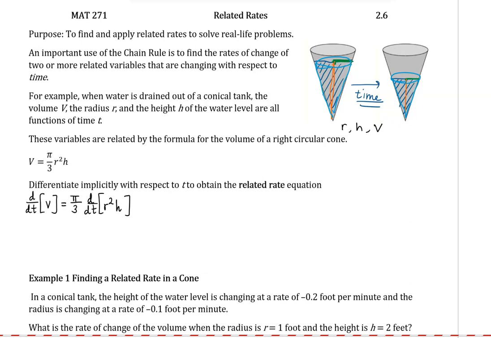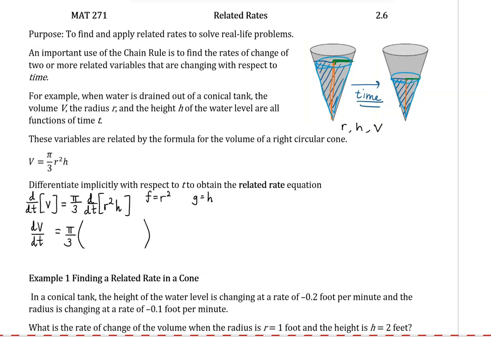d/dt of the volume is simply dV/dt, the derivative of the volume. On the right side of the equation, we will have this constant pi over 3 in front, but we will need to use the product rule to take the derivative of r squared h, because we have those two things being multiplied together.